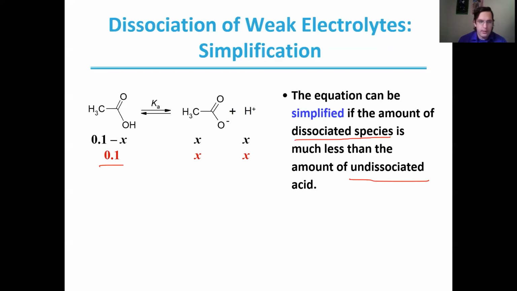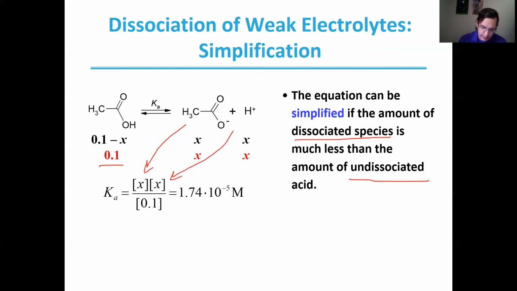So instead of using 0.1 minus x in our equation, we can say, okay, x is going to be really small compared to 0.1, and so we can just say 0.1 here, right? So now when we put this in our equilibrium expression, we have x times x over 0.1 as the concentrations of our acetate, our H+, and our acetic acid at equilibrium.